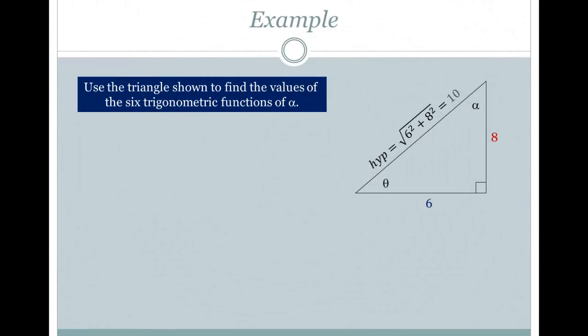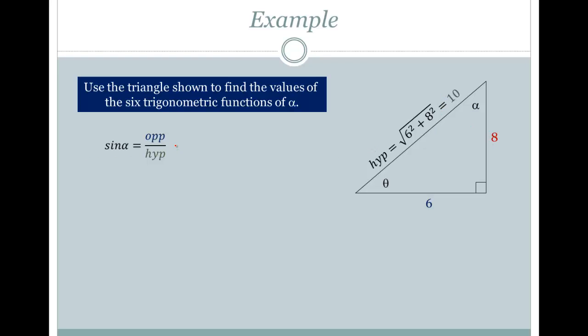Let's do it for this other angle, alpha, and we're going to see a relationship between some of these sine and cosine functions that is going to be important. Let's look at the sine of alpha. If we're looking at alpha, this is my opposite side, this is my adjacent side, and this is still my hypotenuse.